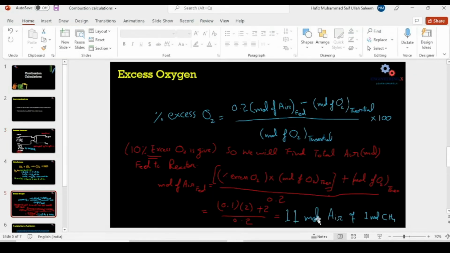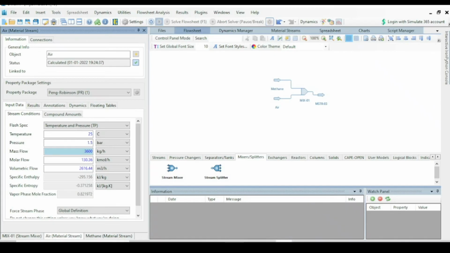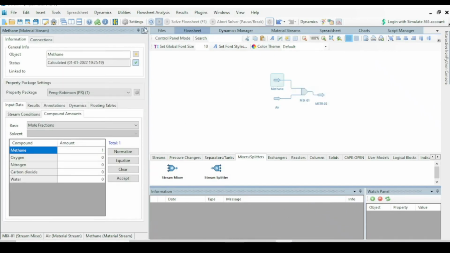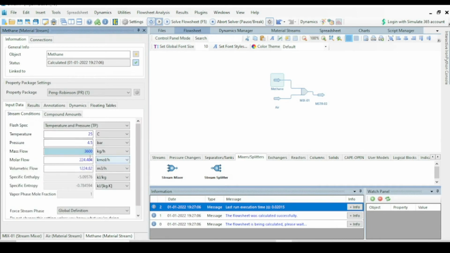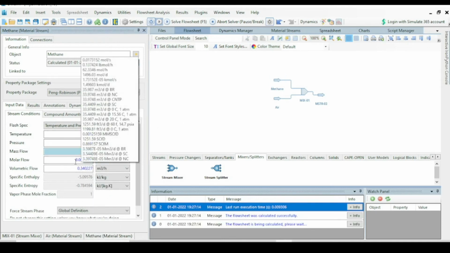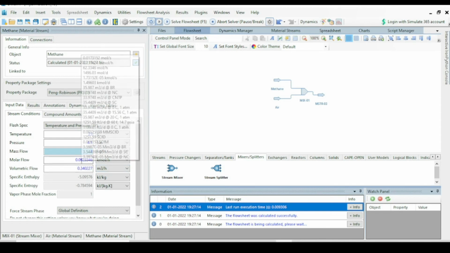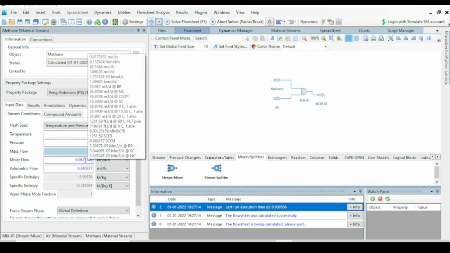And we just calculate that for 1 mole of methane, we need 11 mole of air. Okay, so from this one, sorry, it is 1 kg per mole. So we can see that the molar flow rate of methane is 0.0623346. You just simply have to multiply by 11 with this. Why?